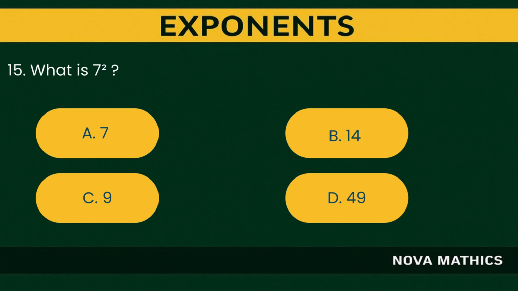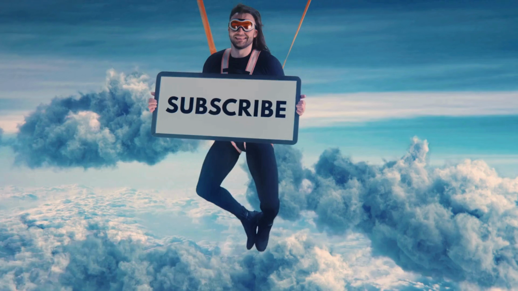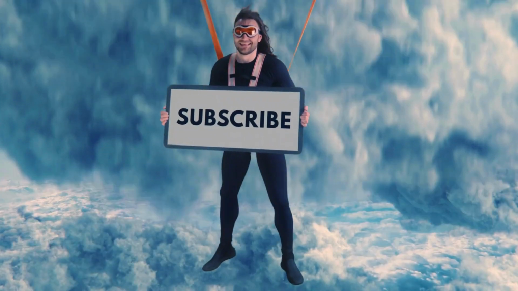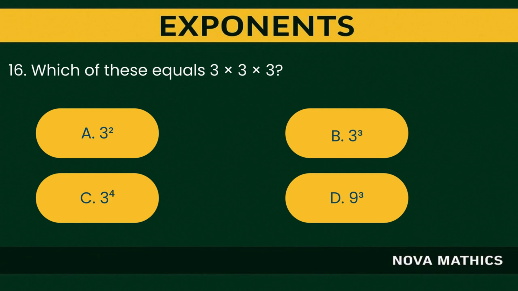15. What is 7 to the power of 2? Correct answer is 49. 7 to the power of 2 means 7 times 7, which is 49. 16.